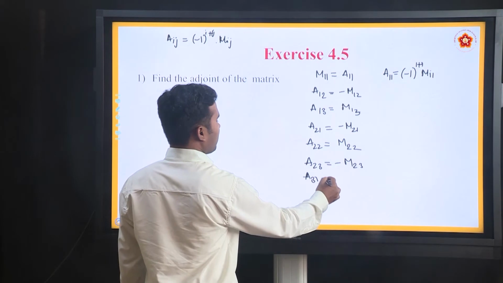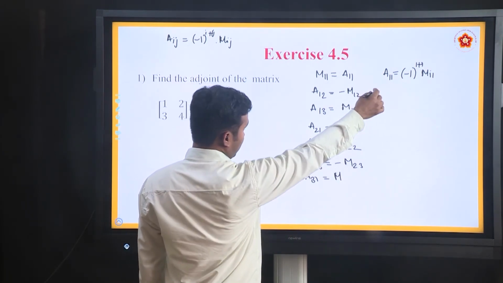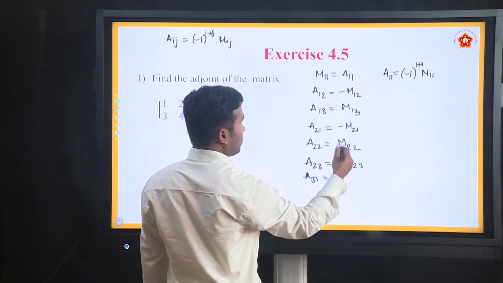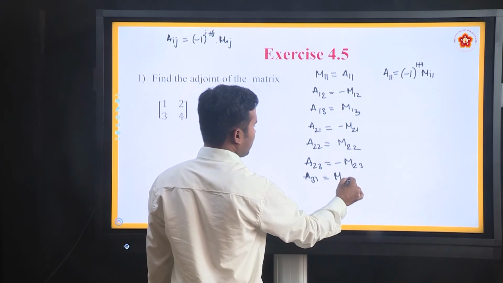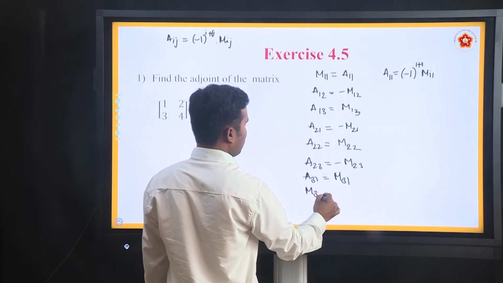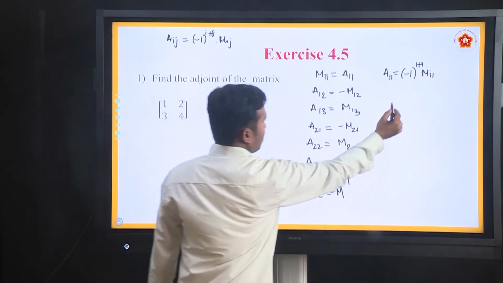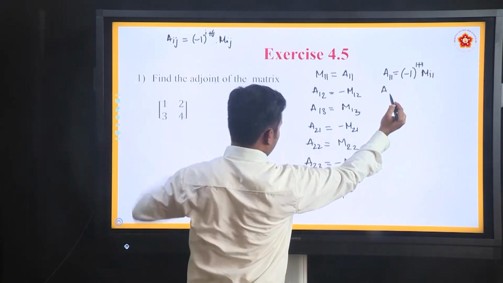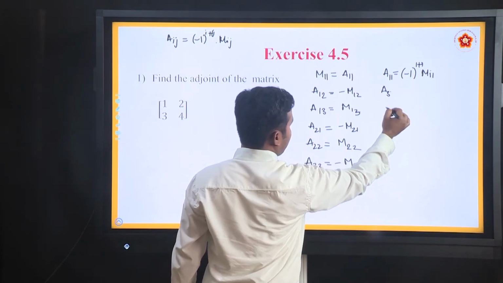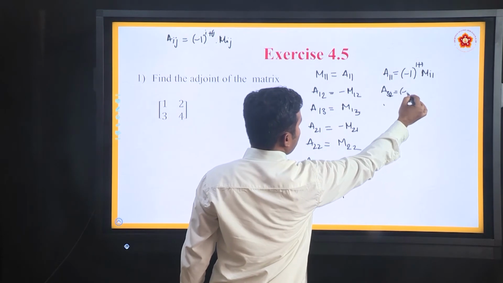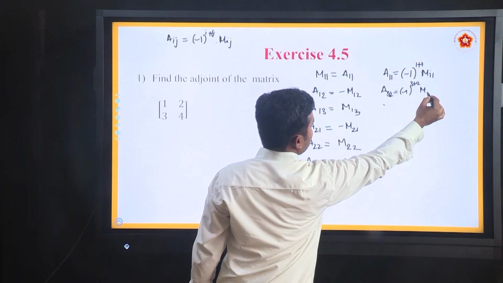Similarly, A31, 3 plus 1, 4, positive, right? That is minus 1 to the power 3 plus 1, minus 1 to the power 4, it becomes plus, okay? A32, M32, it gets minus. Why, tell me? Because if you take i as 3 and j as 2, A32 becomes minus 1 to the power 3 plus 2 into M32, okay?